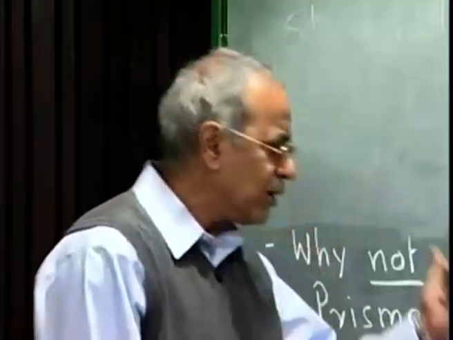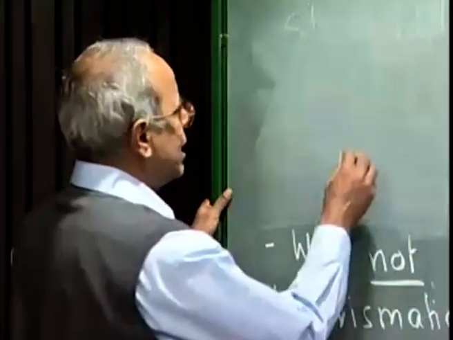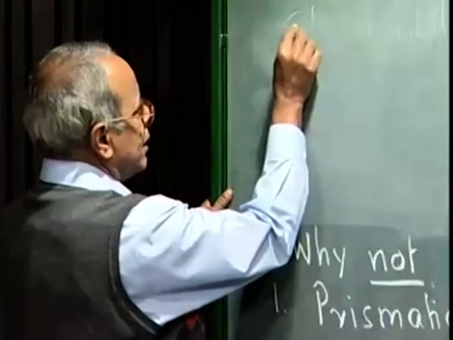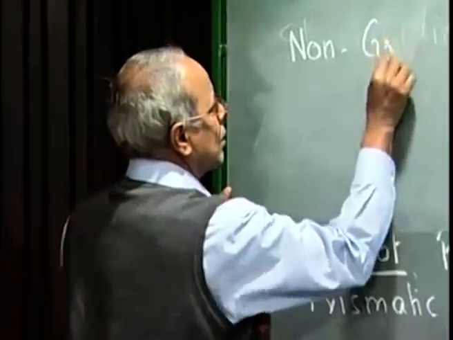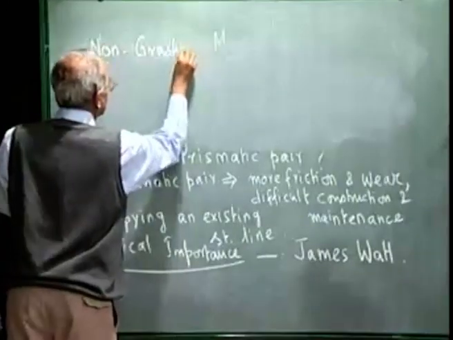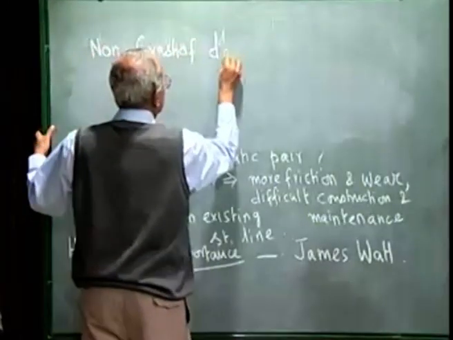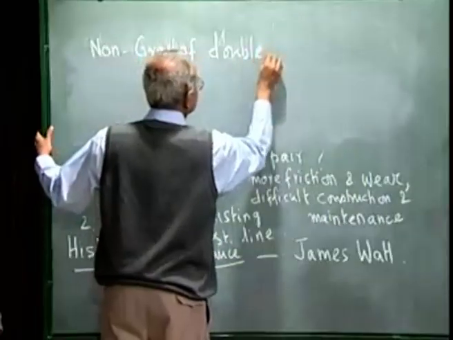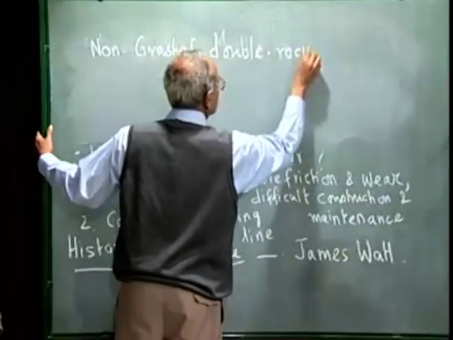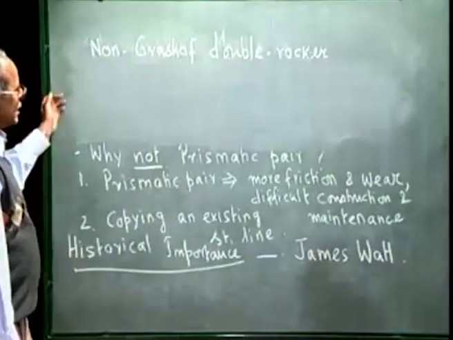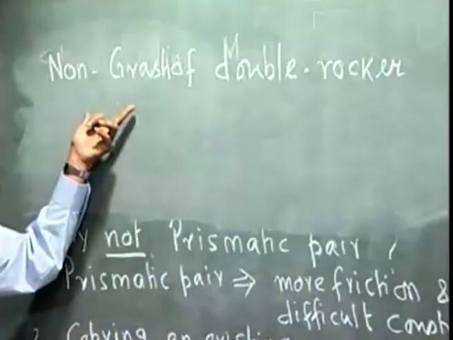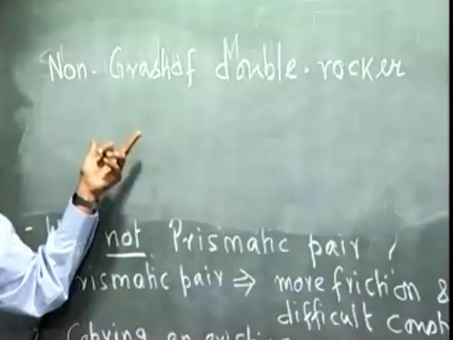That is precisely what James Watt did. He took a non-Grashof double rocker of suitable link lengths such that the midpoint of the coupler generated an approximate straight line.